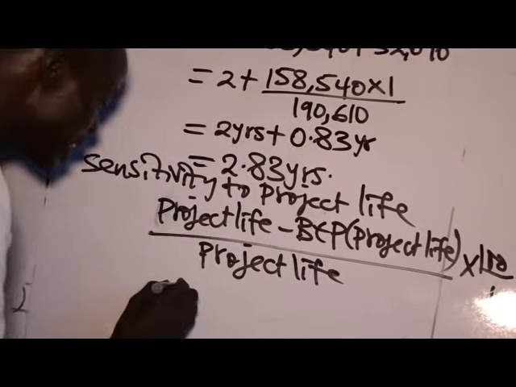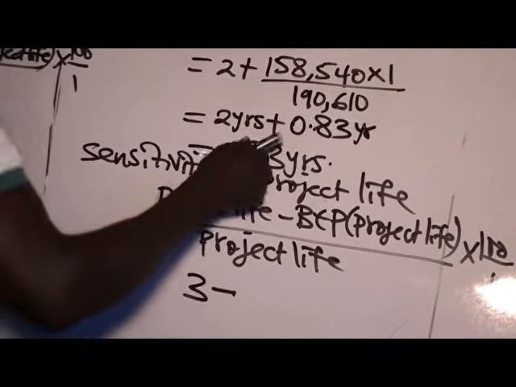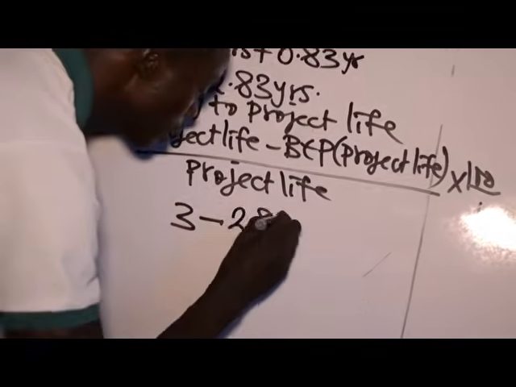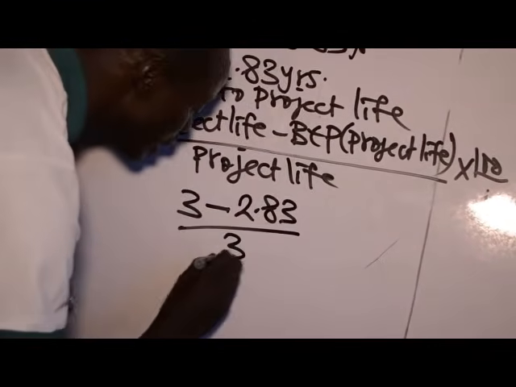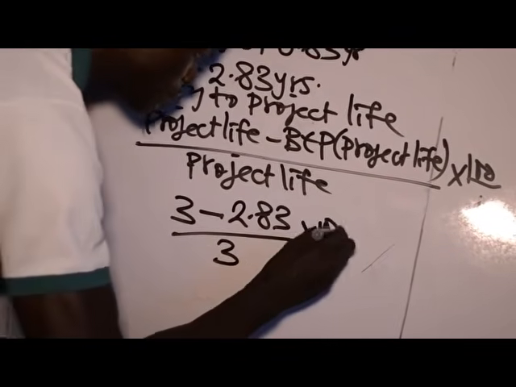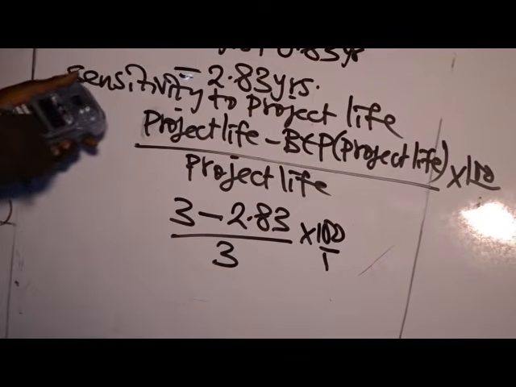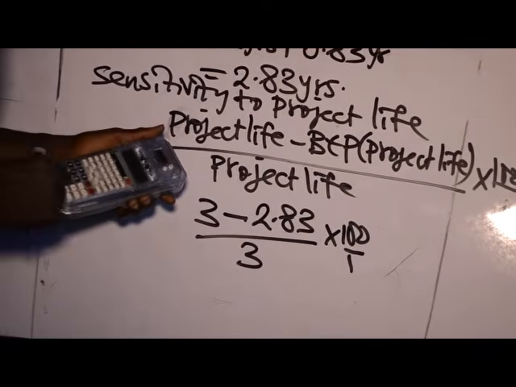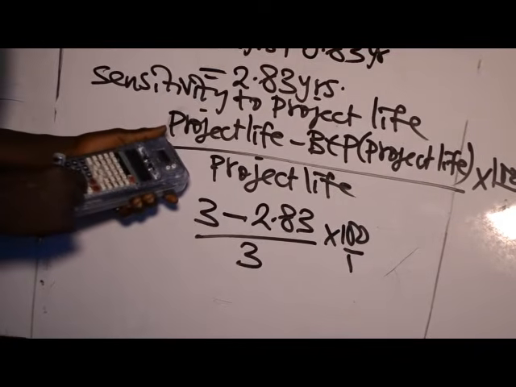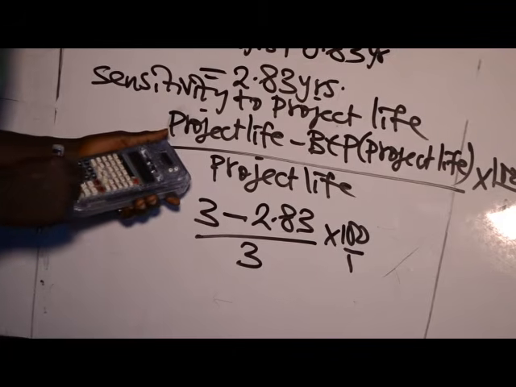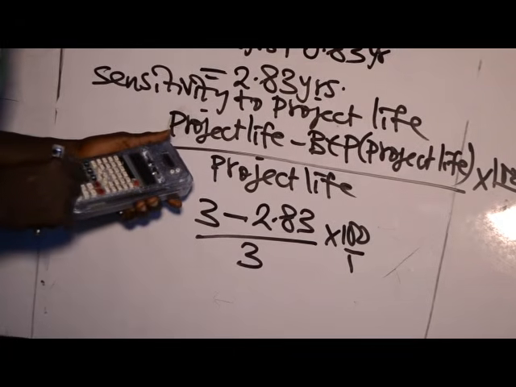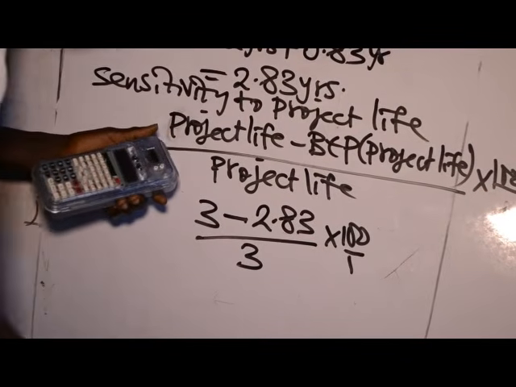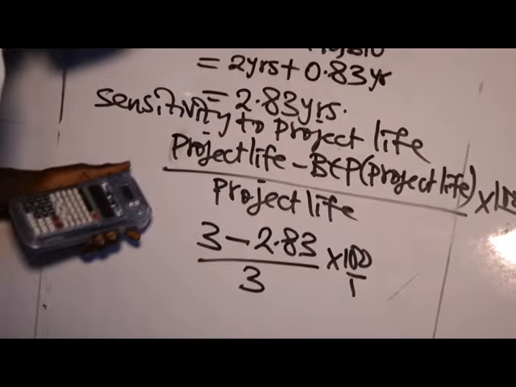The project life is 3 years minus the break-even point of project life, which is 2.83, over project life, which is 3 years, times 100. 3 years minus 2.83 is 0.17, divided by 3 years times 100. We have 5.7%.